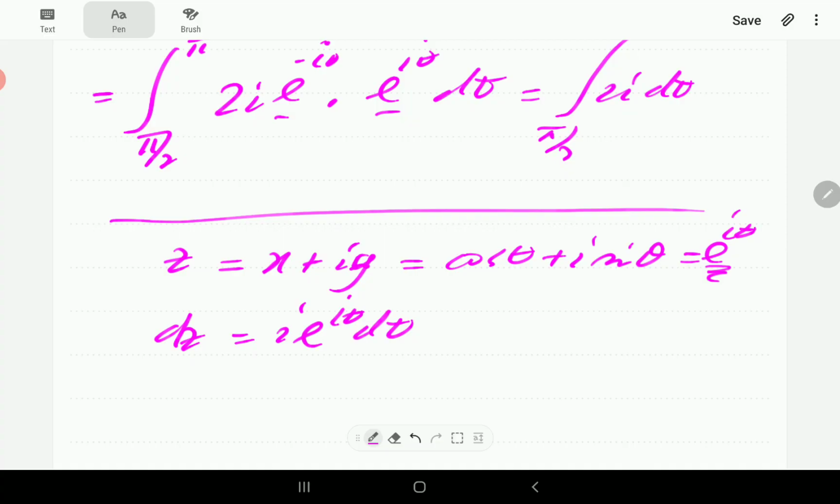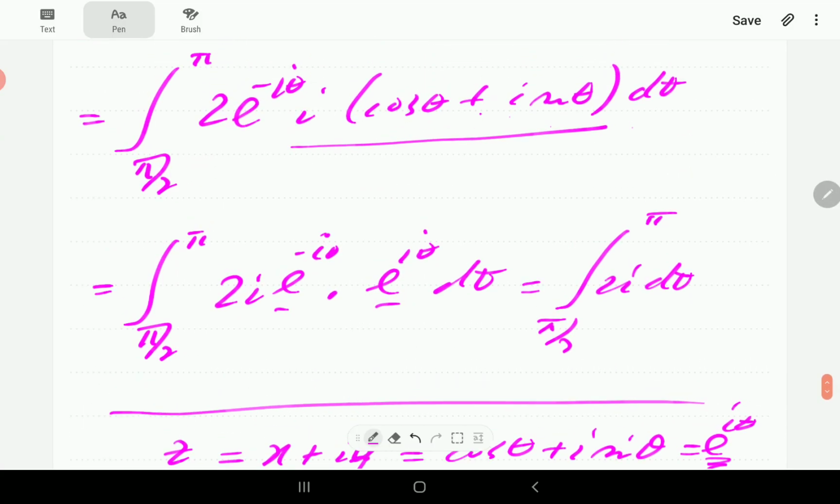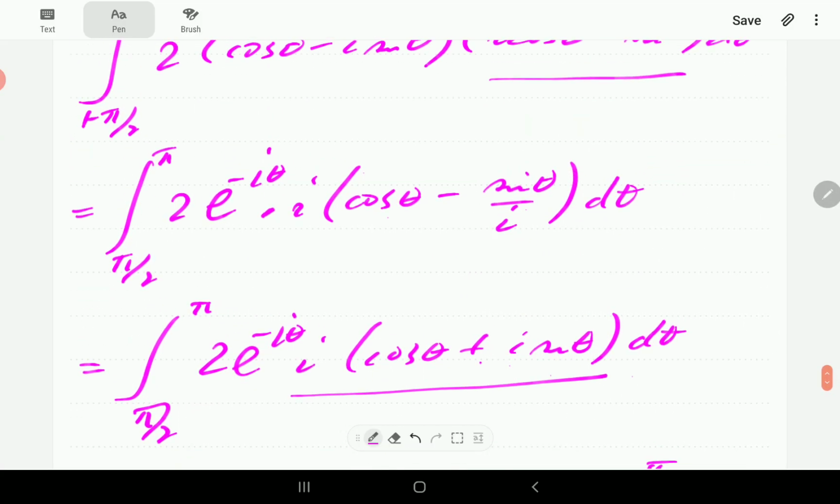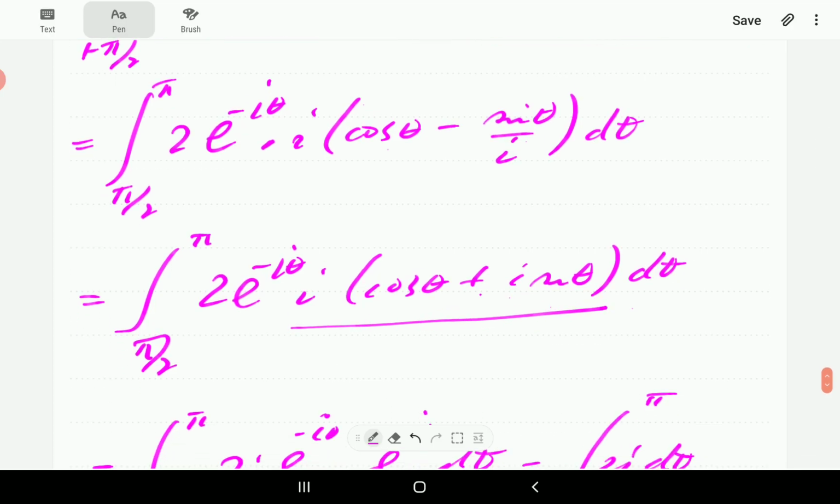That's going to be i e to the i theta d theta. So that's going to be dz. That's something that we've had to find the long way here, because at the end of the day we ended up with e to the i theta d theta, but that's simply dz.